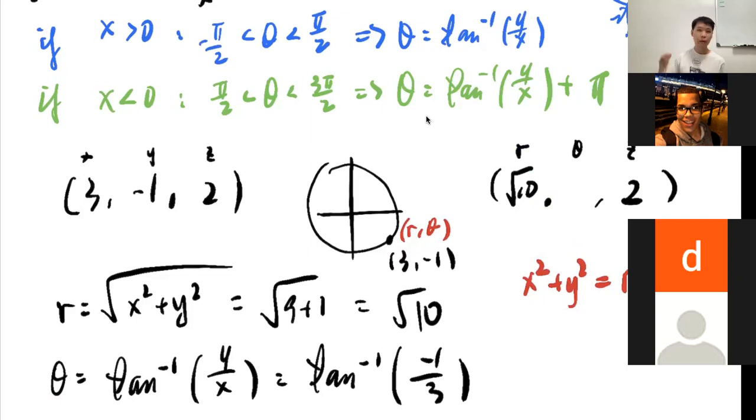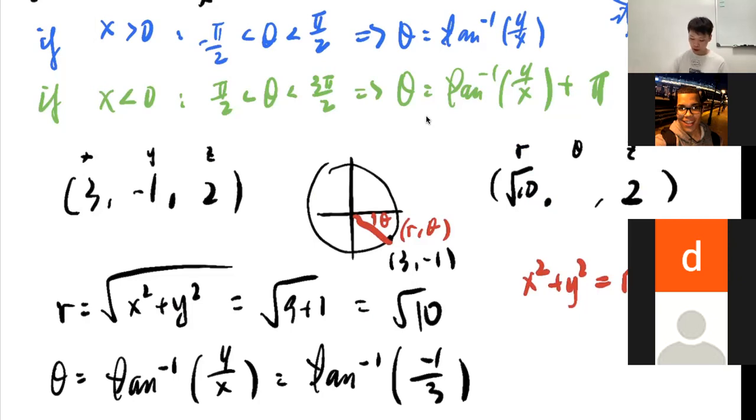So determining theta may be a little bit tricky, but you get the idea. You look at the angle theta, and then you find the value by taking the inverse tangent of y over x, and then depending on the sign of the x coordinate, you have to add a pi or not.